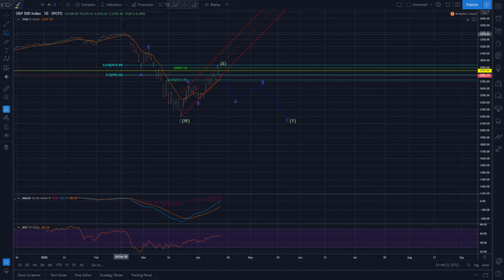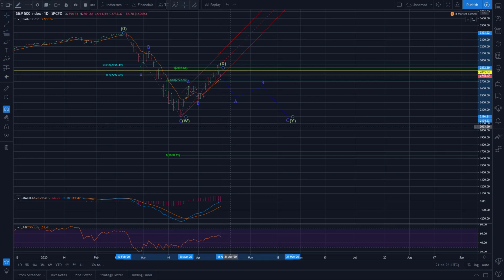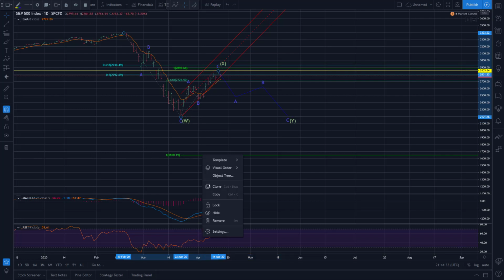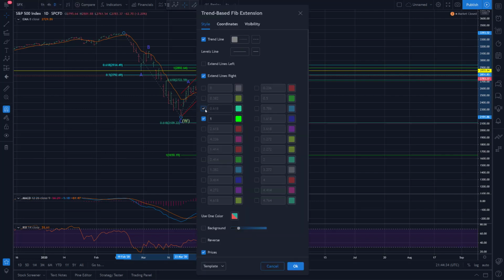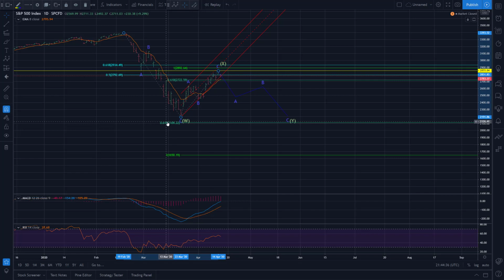If we are just doing this WXY, a common relationship between Y and W would be equality, and that would get us down to 1650 on SPX. Another fairly common relationship would be the 618 relationship between Y and W, which would get us down to 2109. So those are some common targets.